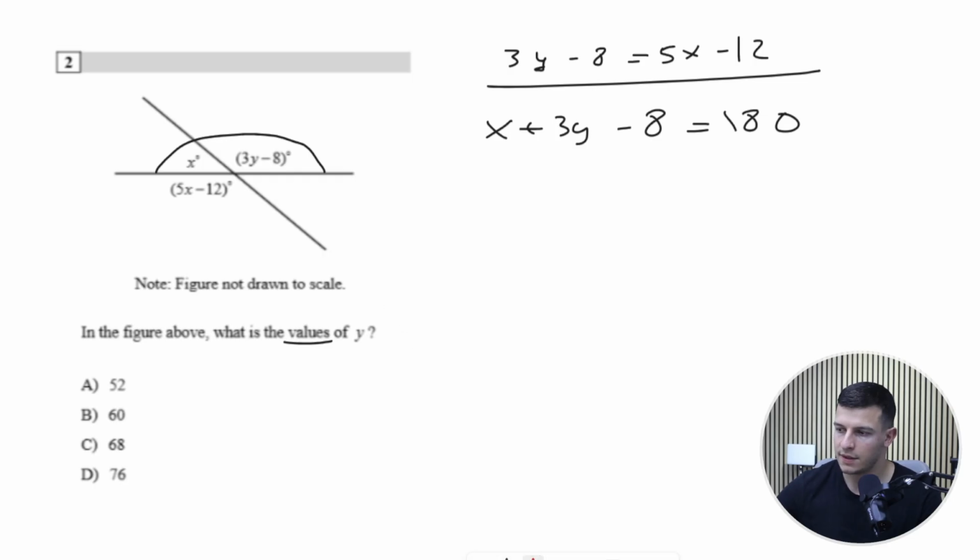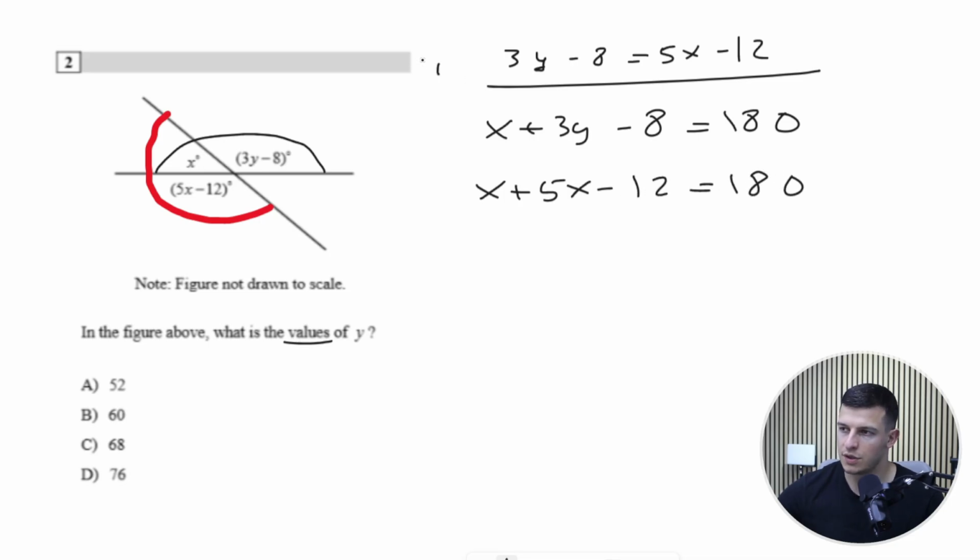But there's another supplementary angle that we can use, which is this one. So x and 5x minus 12. x plus 5x minus 12 equals 180 degrees. Now, we have three equations, 1, 2, and 3, and we only have two variables.